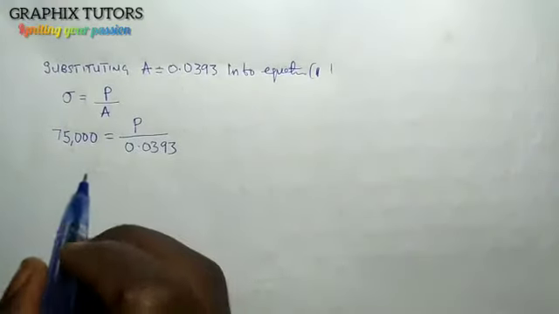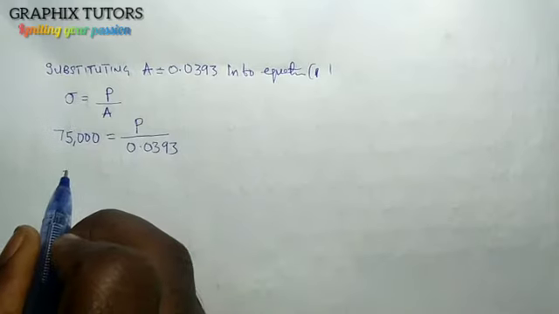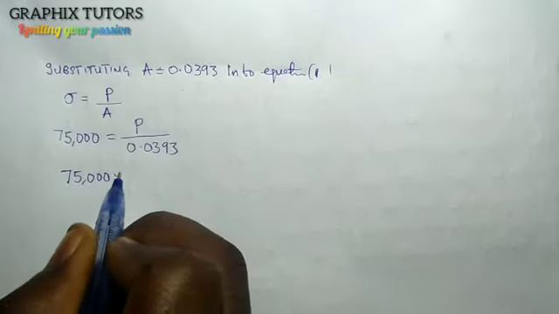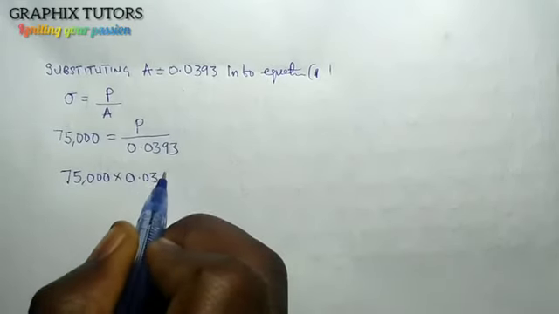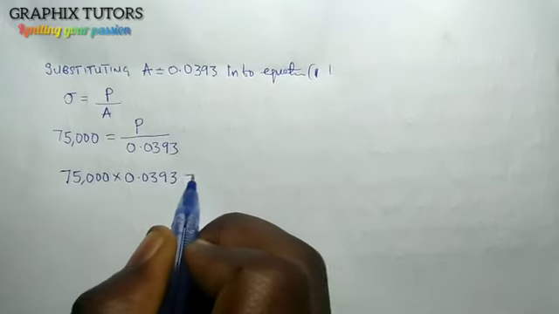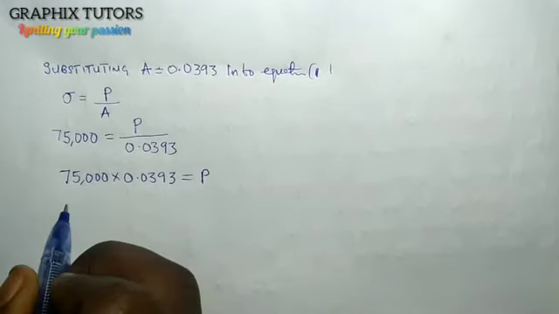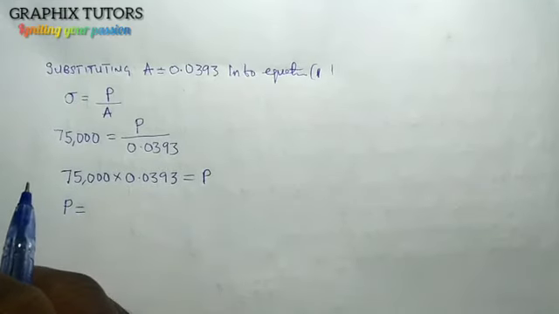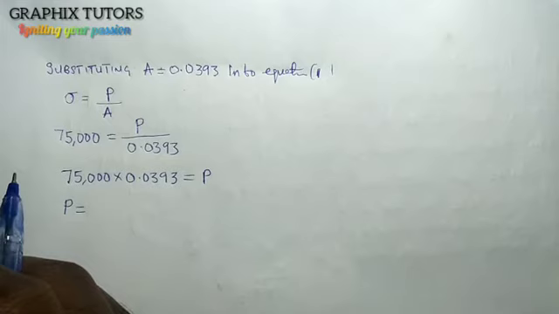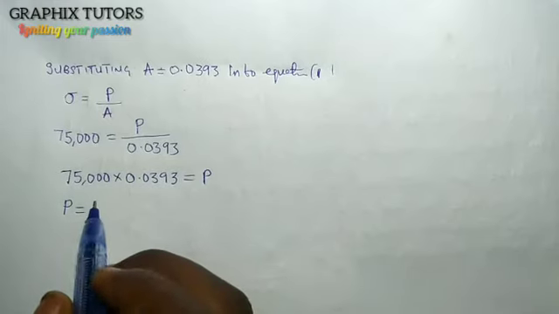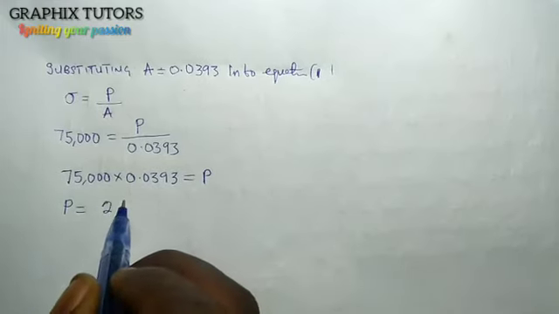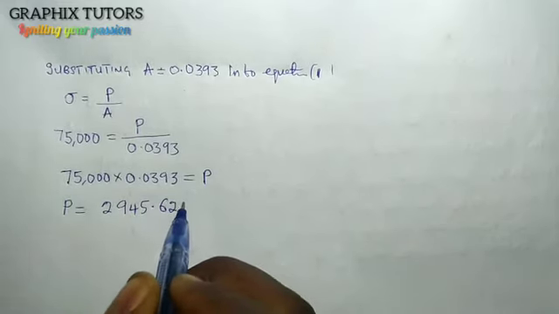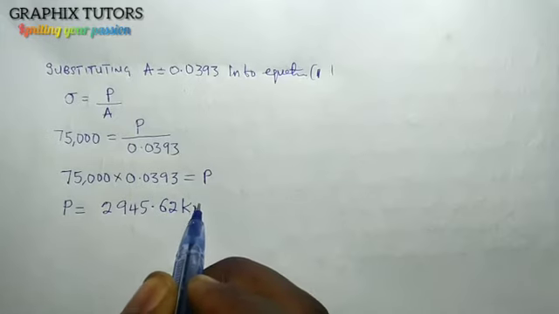Now if I cross multiply, it will be 75,000 multiplied by 0.0393 equals P. So the P here will now give me 0.0393 times 75,000, and that will give me 2945.62 kilo Newton.